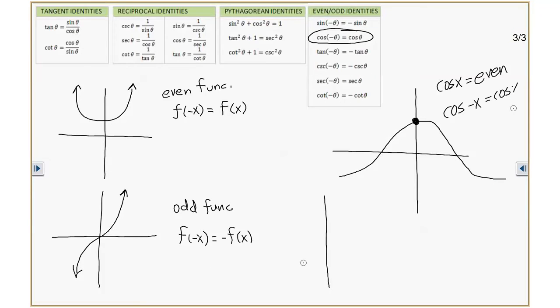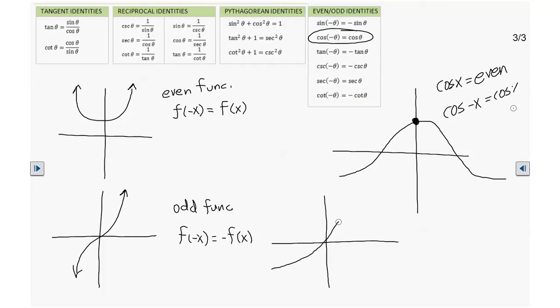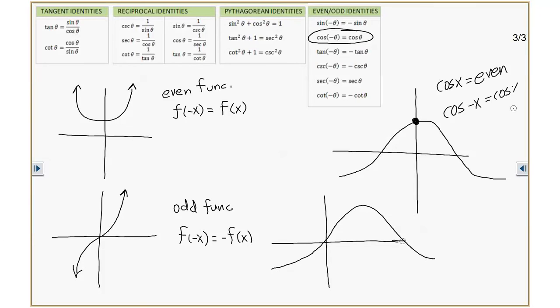So what about the odd function? Well, what's sine? If you look at sine, it's going to be around the origin. It starts, comes through the origin, and then hits 1. Something like that, and it goes like this.